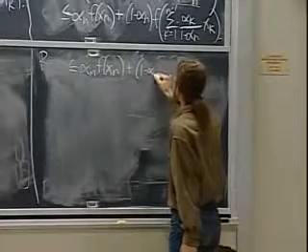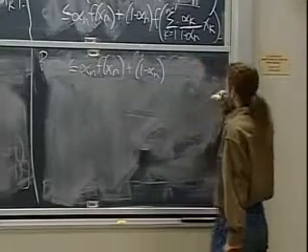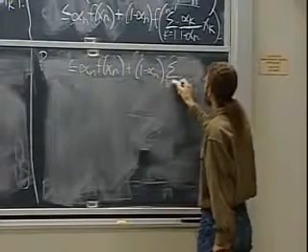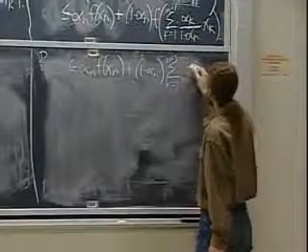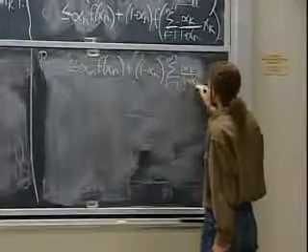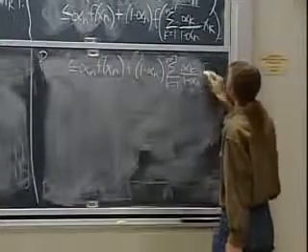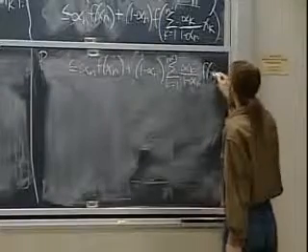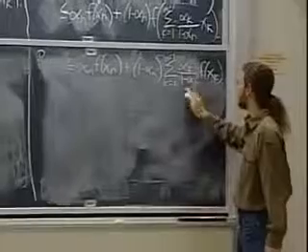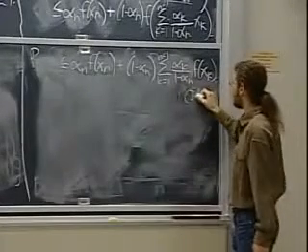So this is 1 minus alpha n times the sum, k equals 1 to n minus 1, of alpha k over 1 minus alpha n times f of xk. I got that right. This is by the induction hypothesis.